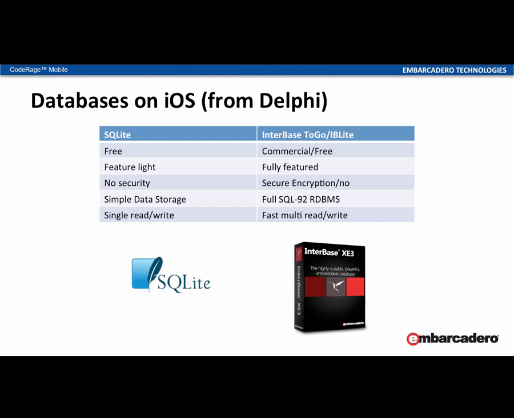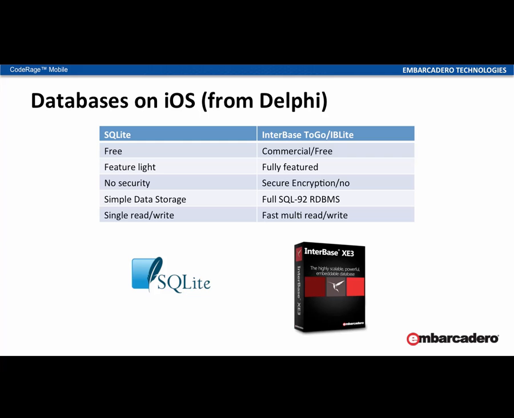And it comes in two different versions in terms of licensing, and they are called InterBase2Go and IBLite. The first is a full commercial license. The second is a free license. Interbase is fully secured and has secure encryption, something that IBLite hasn't got.